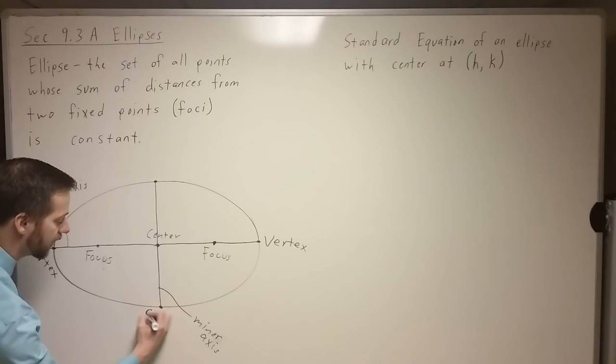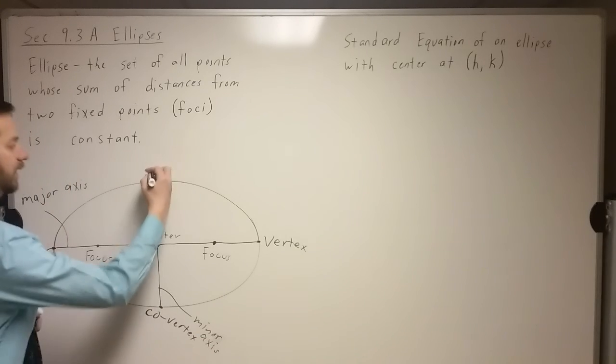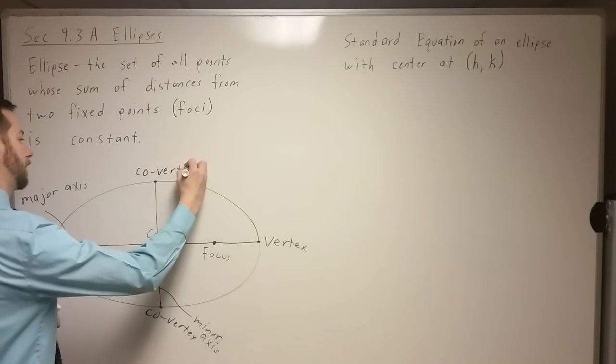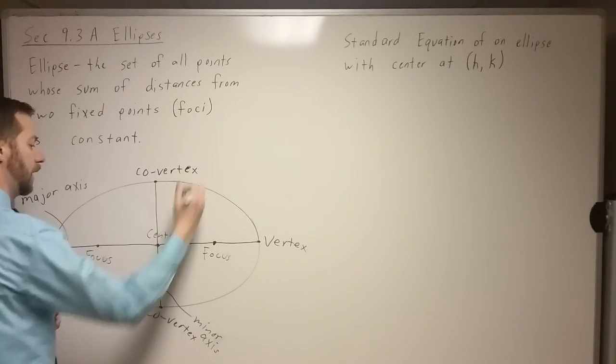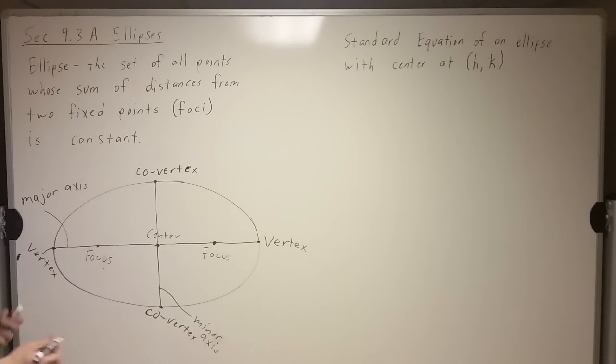We call these things the co-vertices. So that's a co-vertex. Here's the other co-vertex. And then we see we have the focus, another focus. The center is just right where the two axes meet, right in the center of the ellipse.